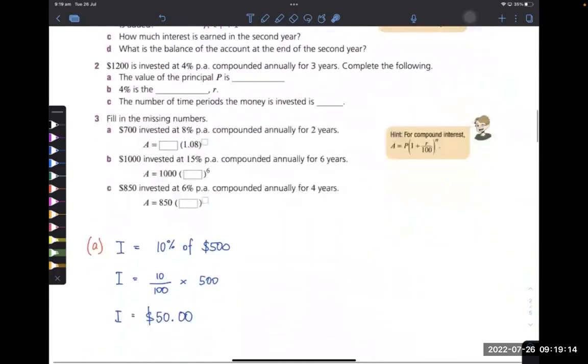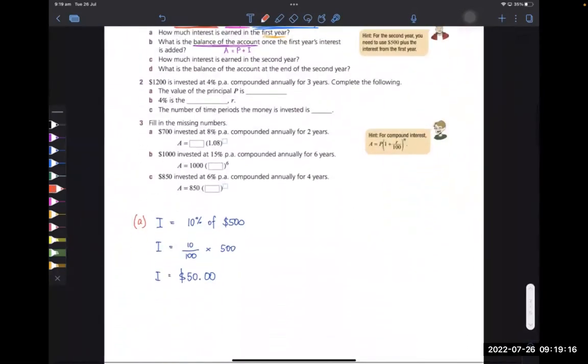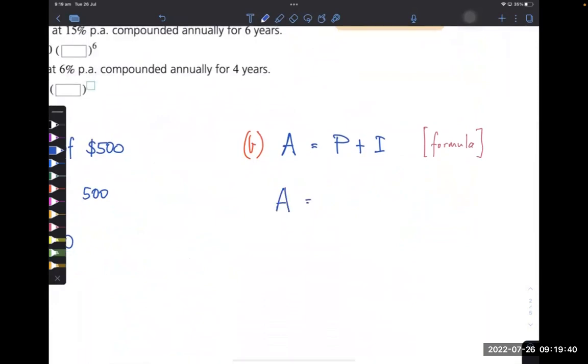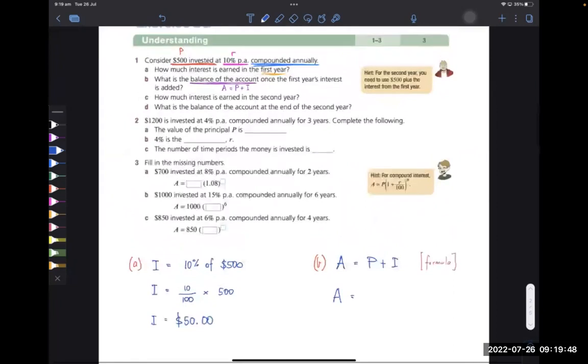So let's go down. We'll write our solution down underneath here. For part B, we've got our amount A. That equals to the principal plus the interest. So I've been teaching to my class, there are clear steps. You must write the formula first. Then you substitute in the next line. What was our principal? 500. Back up here, notice how we can see it really easily.